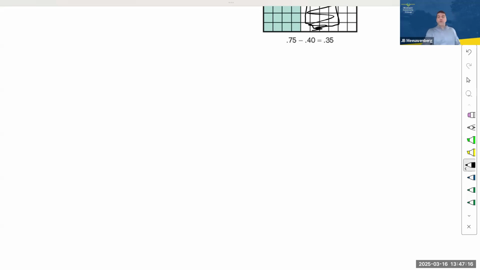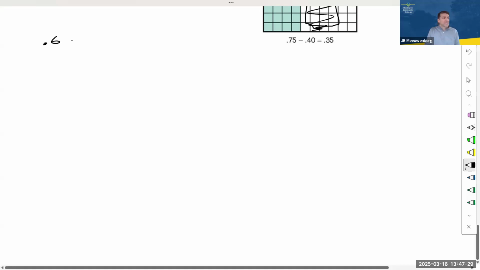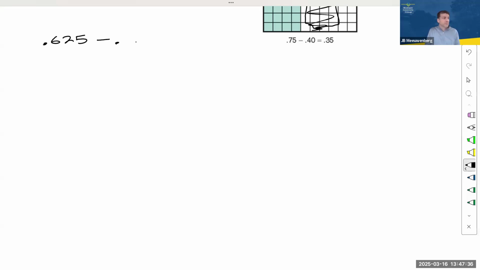So let's take a look at the paper and pencil algorithm, the process that we would use for decimals. Again, it's just like how you're going to do it with whole numbers. Let's start with this problem. It was the one we modeled earlier with our first visual. 625 thousandths minus 238 thousandths.